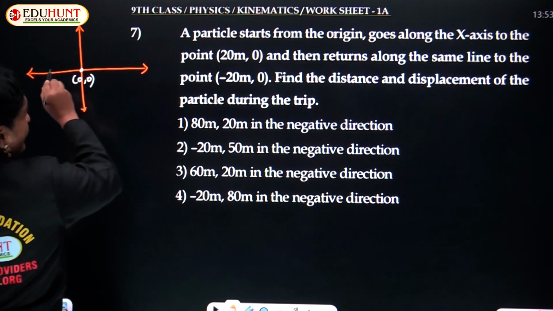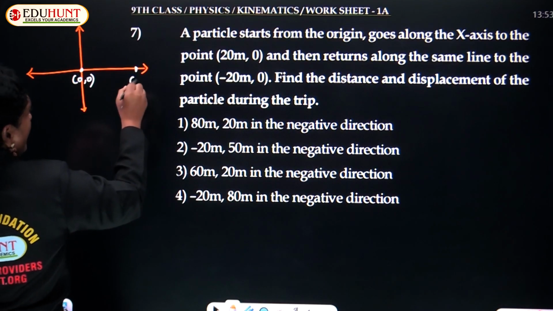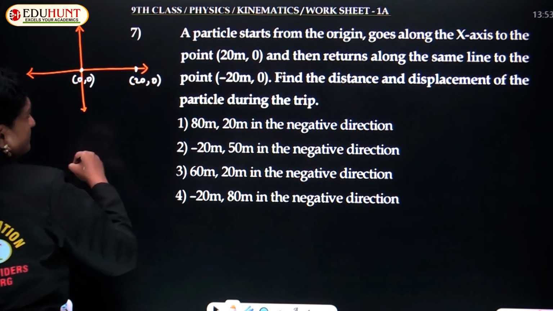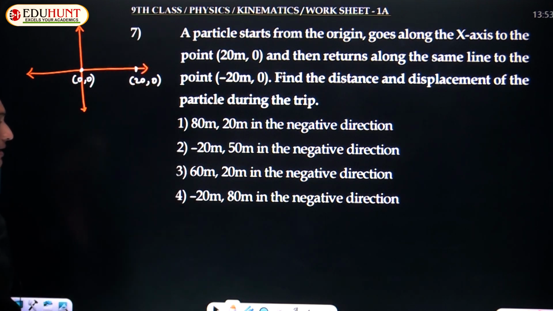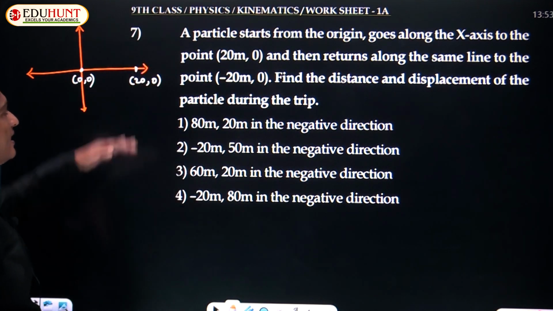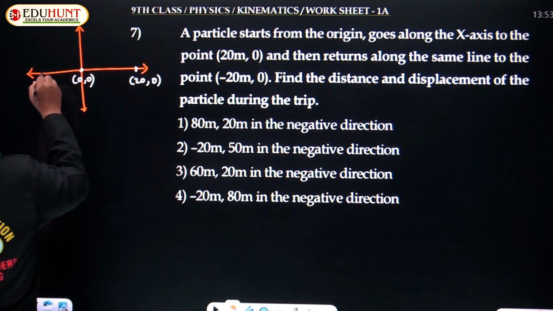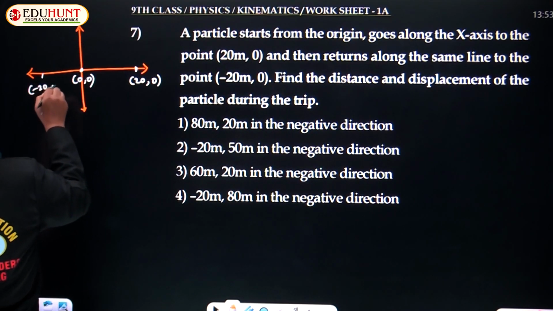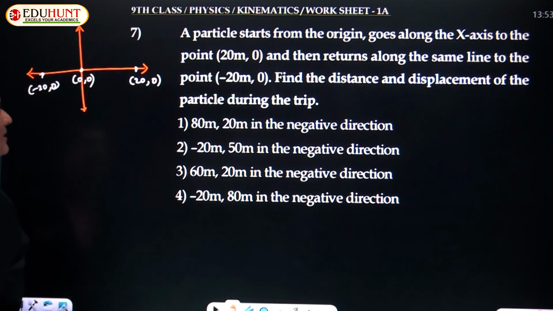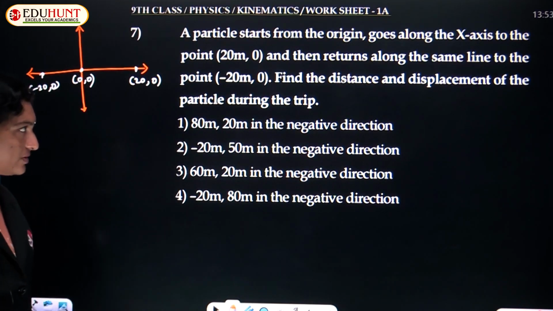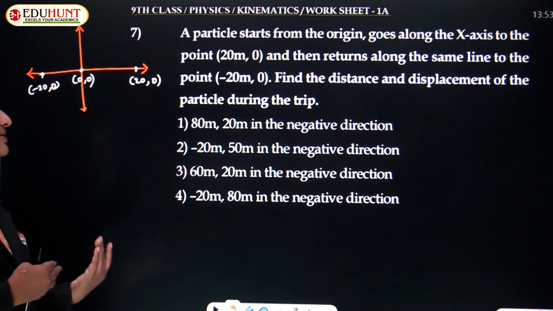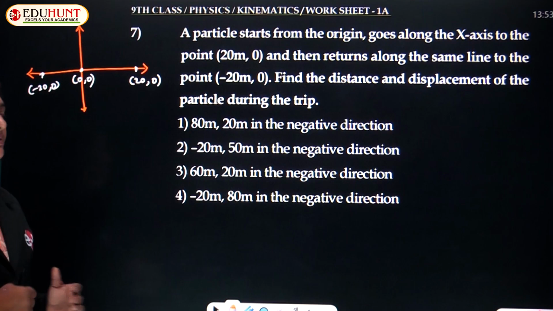It goes along the x-axis to something like 20, 0, because on the y-axis it is 0, x-axis 20. And then it returns along the same line to minus 20, 0. So, no displacement along the y-axis. Only along the x-axis it travels. Straight line motion. Find the distance and displacement of the particle during this trip.